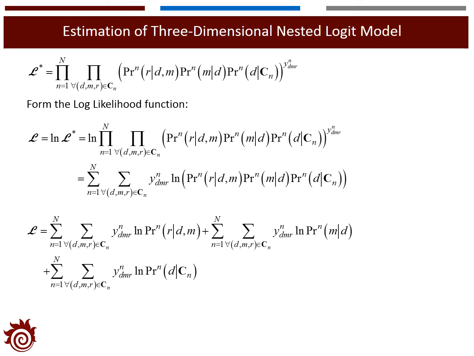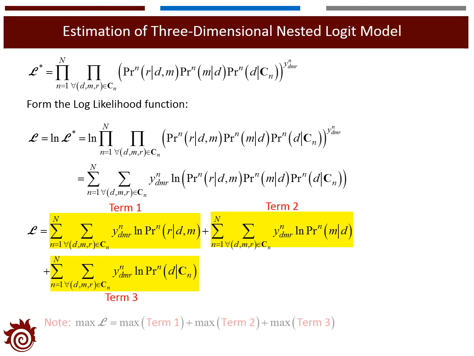Then the log likelihood function can be divided into 3 terms. In that sense, the maximization of the log likelihood function becomes the maximization of all 3 terms.